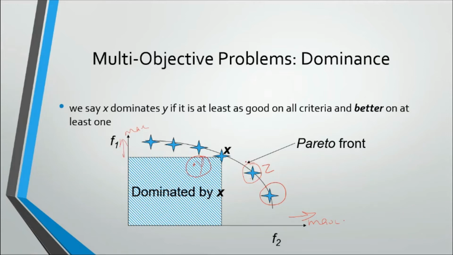So this solution dominates all the other solutions, and all the solutions on this particular curve dominate all other solutions. All the solutions falling within this area are dominated by x, and all the solutions falling within this other area are dominated by z.